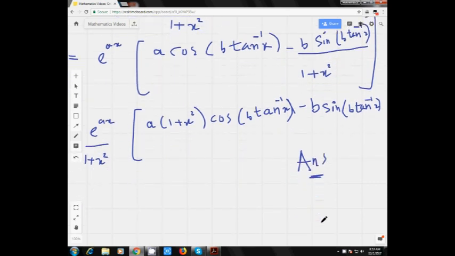Next you have to solve question number 26, and it is quite an important question.